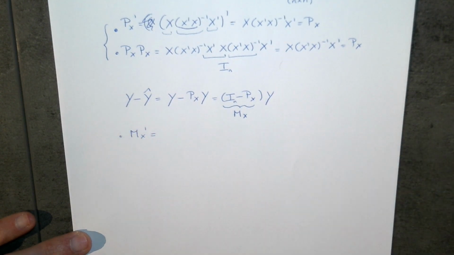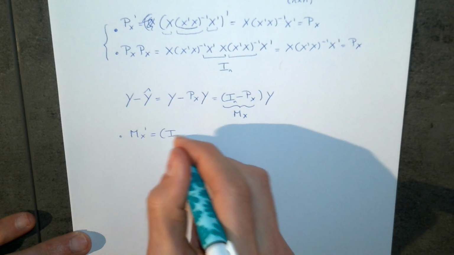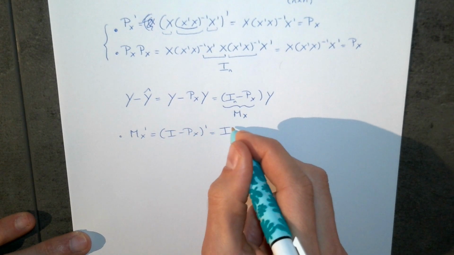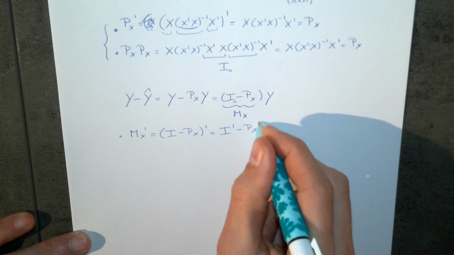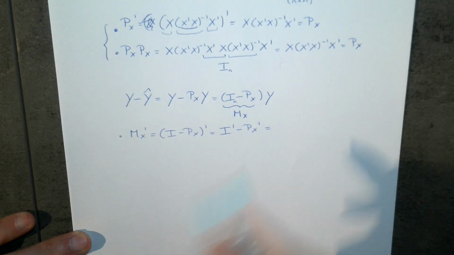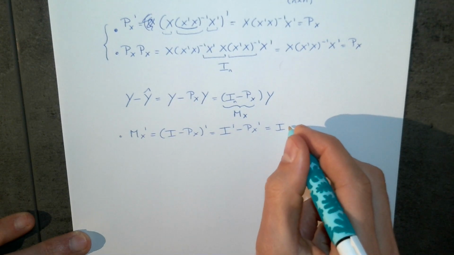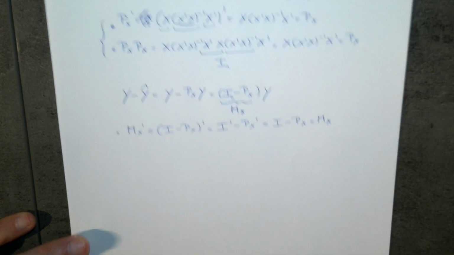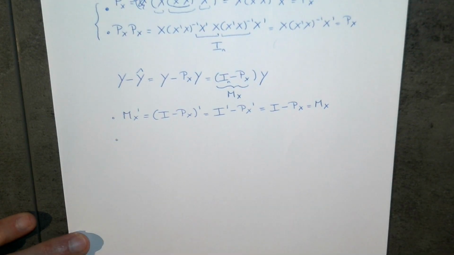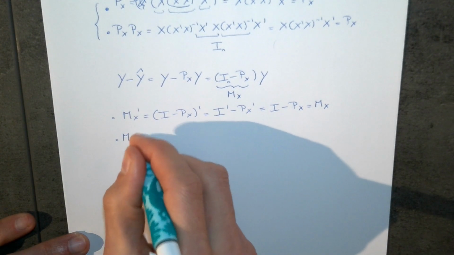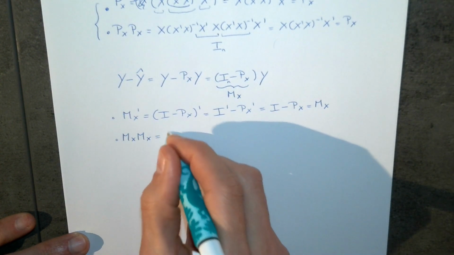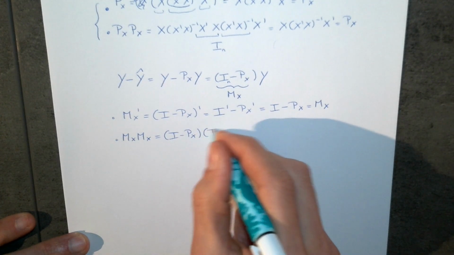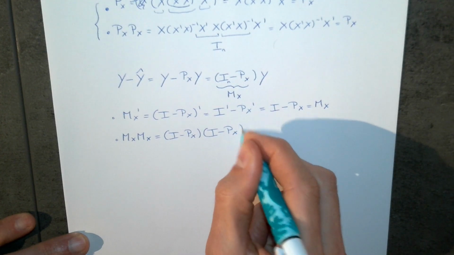A good thing to know is that if I take the transpose of this matrix, I minus Px transpose, it is equal to the identity transpose minus Px transpose. The identity matrix is symmetric, Px is also symmetric, as you have seen, so this is the same as Mx. So also Mx is symmetric. If you multiply Mx by itself, you get (I minus Px) times (I minus Px).